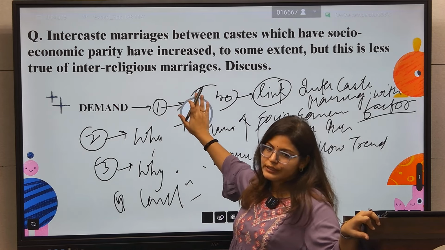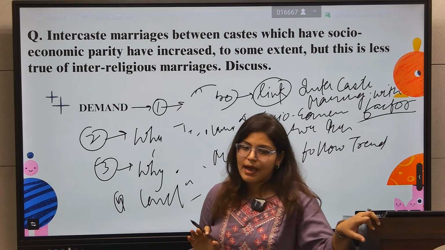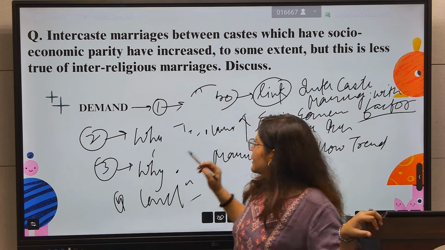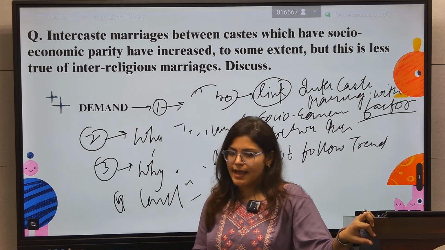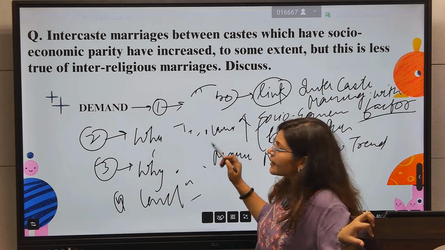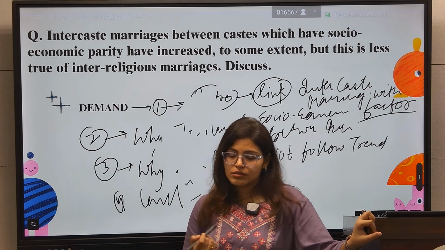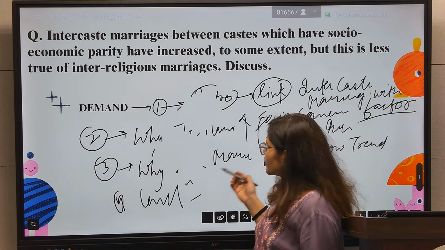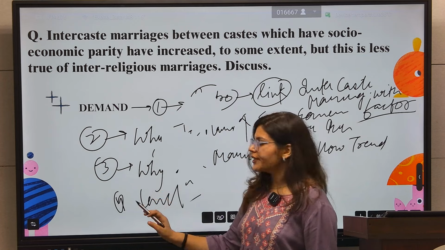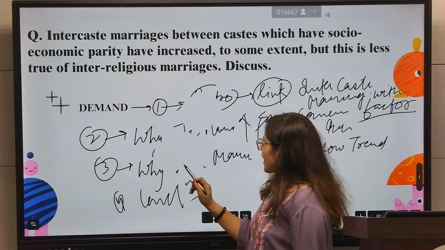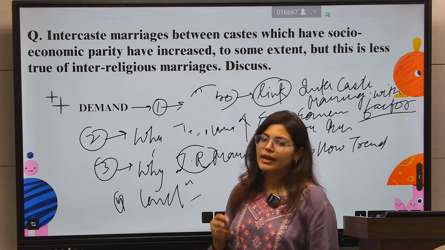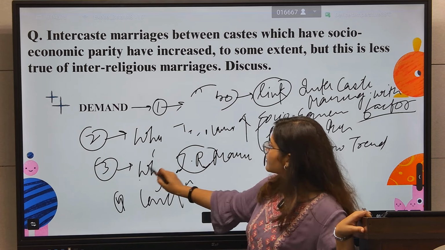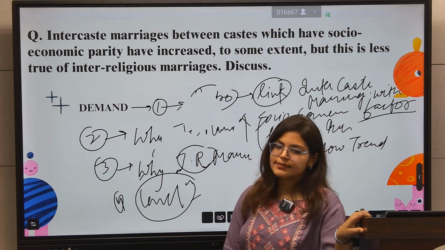One, link intercaste marriages with socio-economic parity. Then, why there is an increase in intercaste marriages between equals, write 4 to 5 points. And why interreligious marriages are not following this trend, write 4-5 points on this, and then conclude your answer.